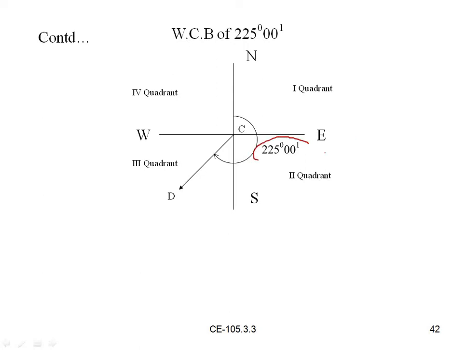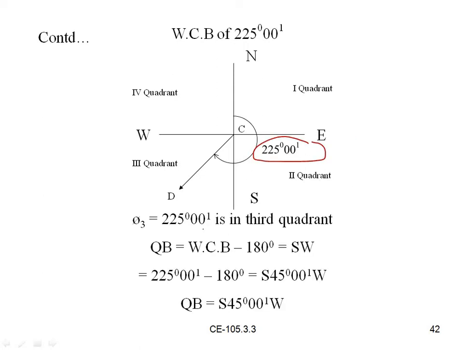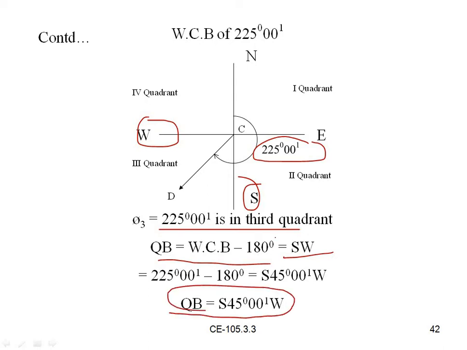Next one is 225 degrees. It is in the third quadrant. Therefore whole circle bearing minus 180 degrees, it is called south west, and the answer will be south 45 degrees west.